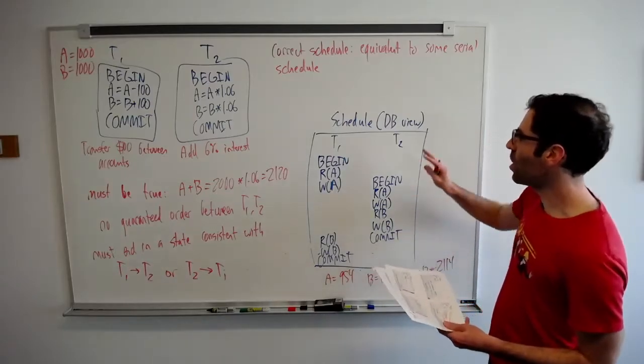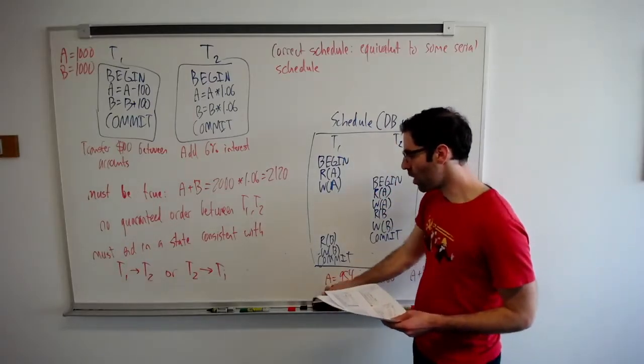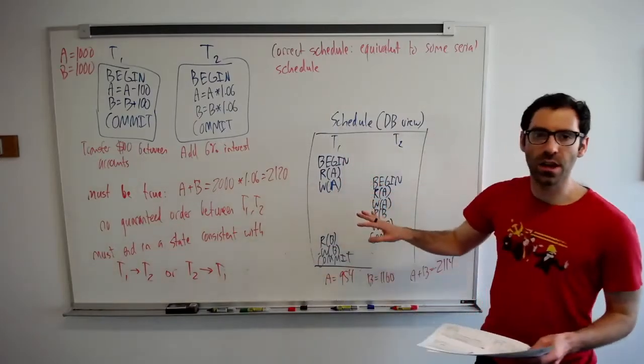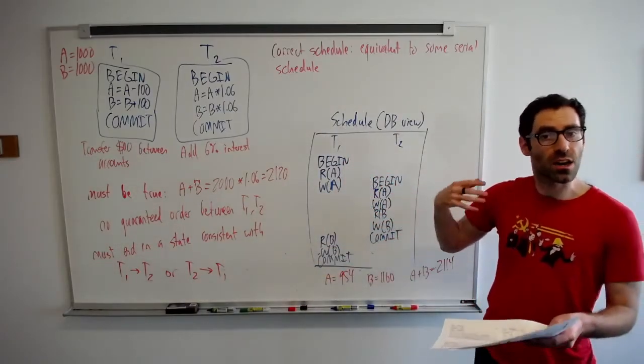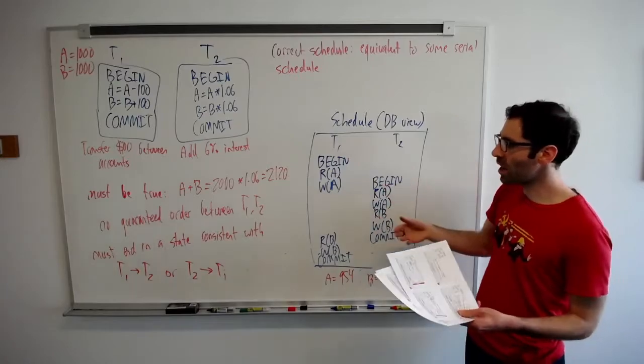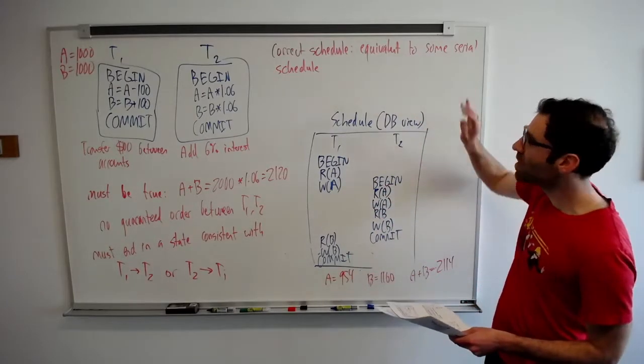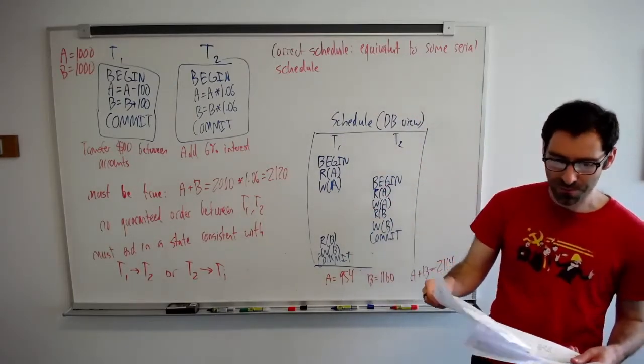So our example of a good interleaving was good because it was equivalent. It had the same effect as some serial schedule.